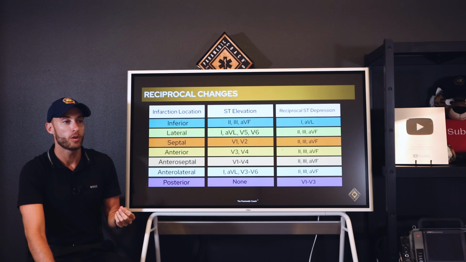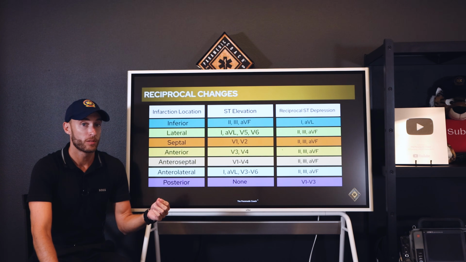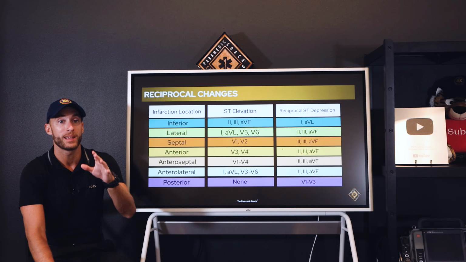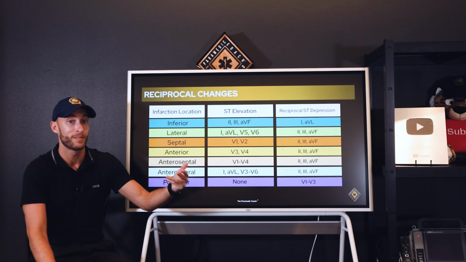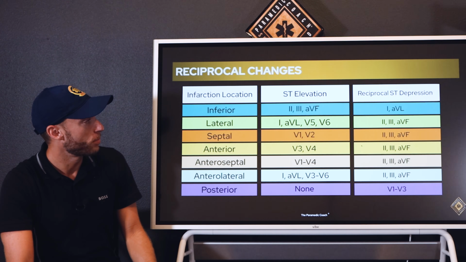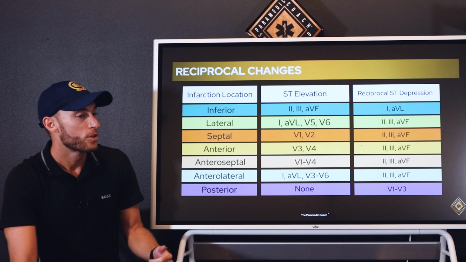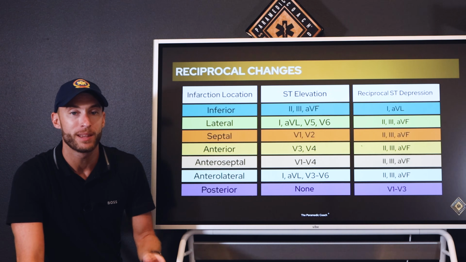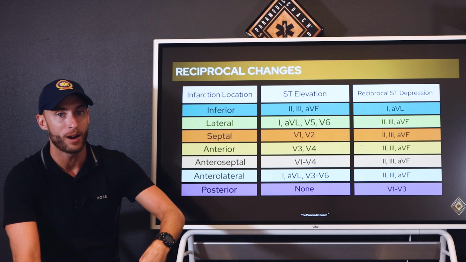So if you're early on, you might only see elevations, which is, again, I'm going to say it again, keep burning EKGs because you're going to see it develop in front of your eyes. Now, with the reciprocal depression, some criteria to open the cath lab may be that you need 2 up, you need 2 down.